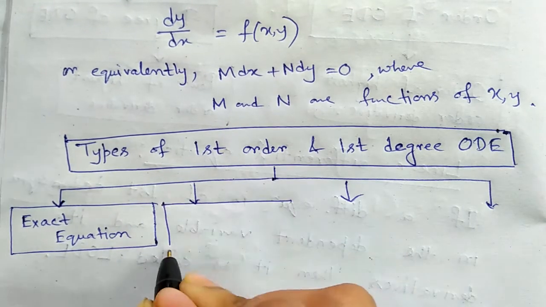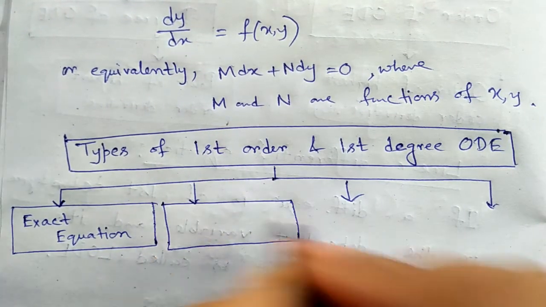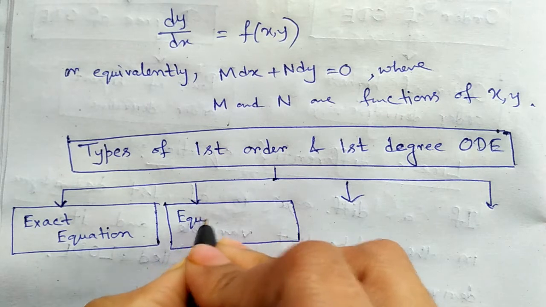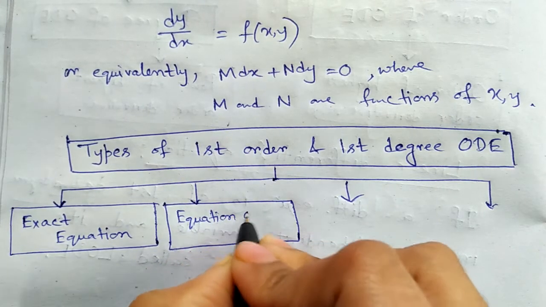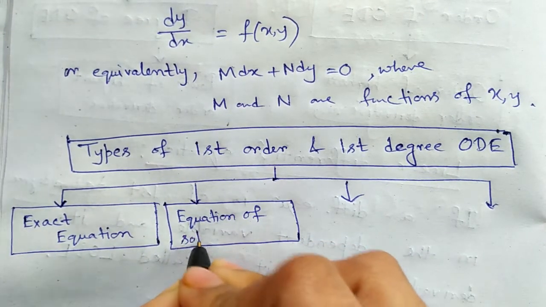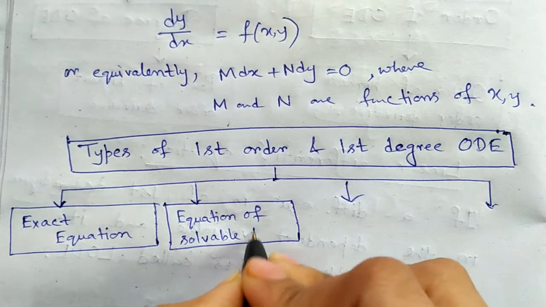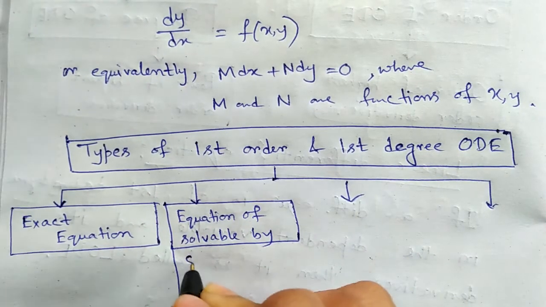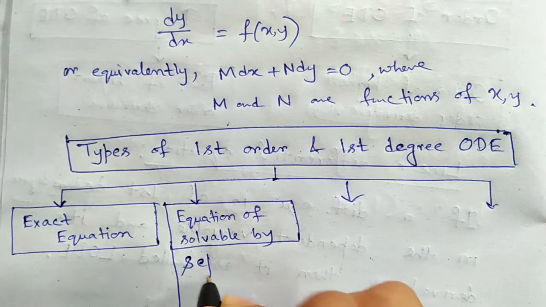The second type is equation solvable by separation of variables.